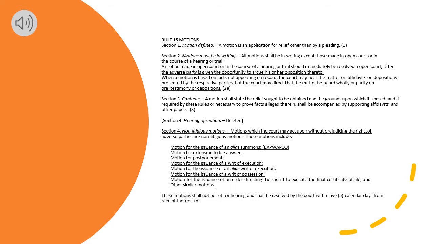Section 4. Non-litigious motions. Motions which the court may act upon without prejudicing the rights of adverse parties are non-litigious motions. These motions include: motion for the issuance of an alias summons, motion for extension to file answer, motion for postponement, motion for the issuance of a writ of execution, motion for the issuance of an alias writ of execution, motion for the issuance of a writ of possession, motion for the issuance of an order directing the sheriff to execute the final certificate of sale, and other similar motions.